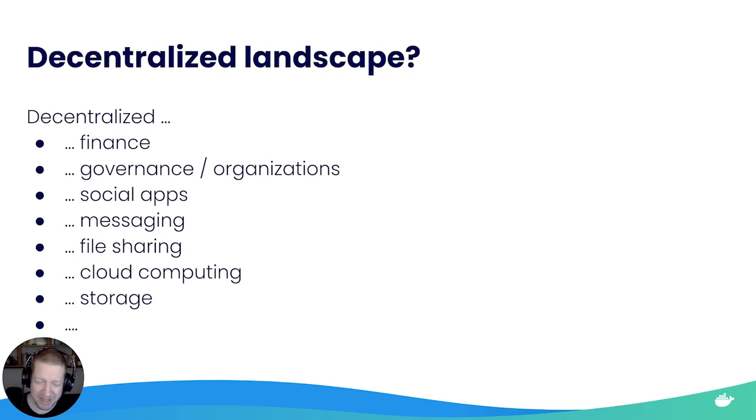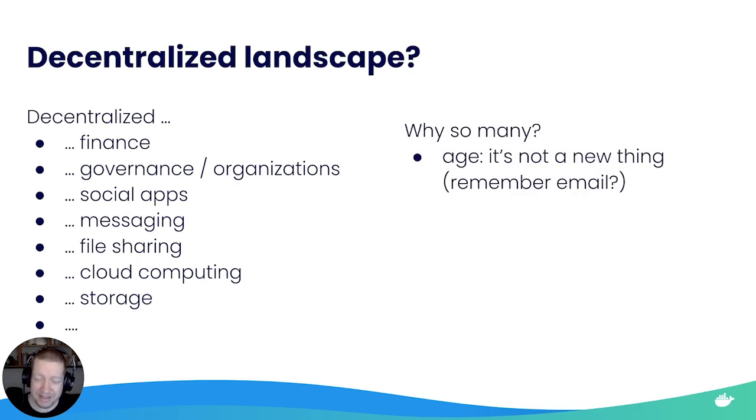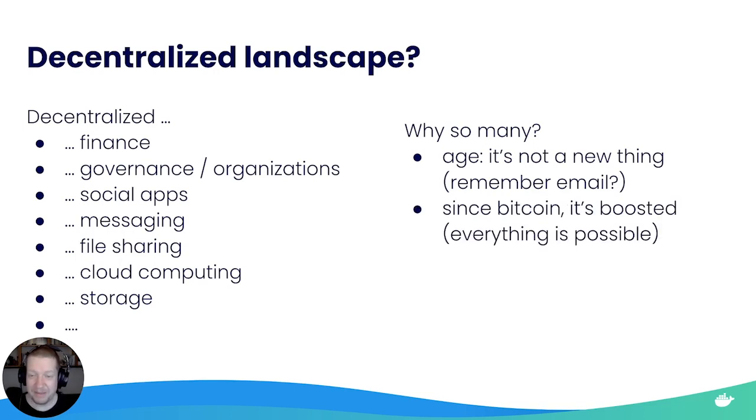So one question is, why do we have so many different decentralized applications? I think there are multiple answers. One is that it's not new at all, right? Email is a decentralized application. Federation is a form of decentralization. So it's very old.